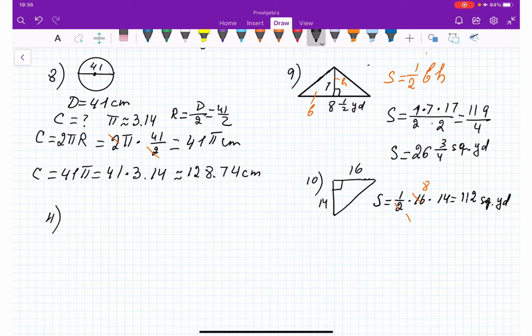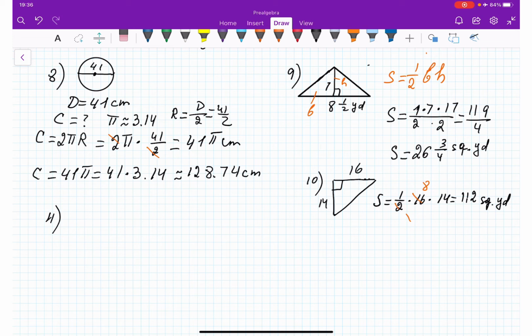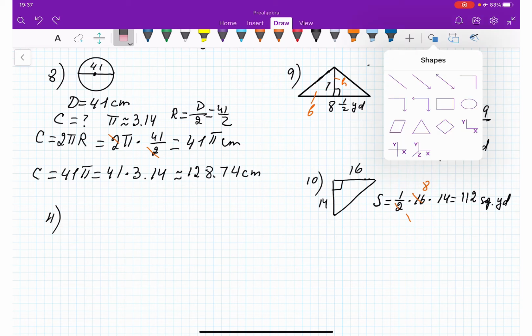Okay. What do we have here? Parallelogram. Not this way. Hold on. Trying one more time.